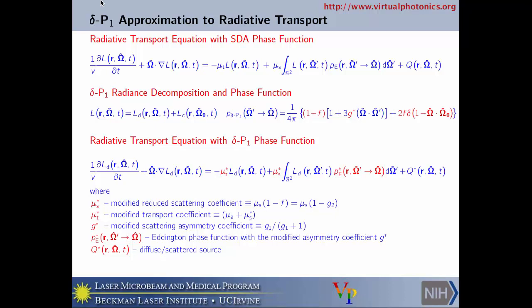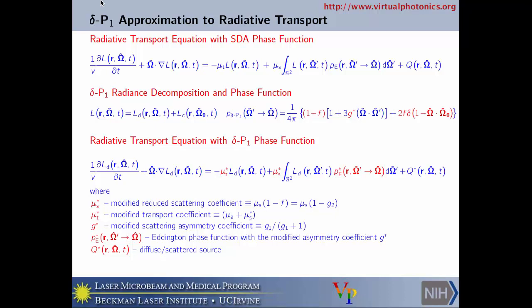So in the same way, we can deposit these two into the radiative transport equation with this phase function. You'll see that the radiative transport equation with this delta P1 phase function looks exactly the same as the radiative transport equation with the standard diffusion approximation phase function, except you have a few changes. Mu sub t, this total interaction coefficient, the sum of mu a and mu s, gets replaced with a modified reduced scattering coefficient, which is mu s multiplied by 1 minus f, because you have a fraction of light that's scattered directly forward. You're not considering that.